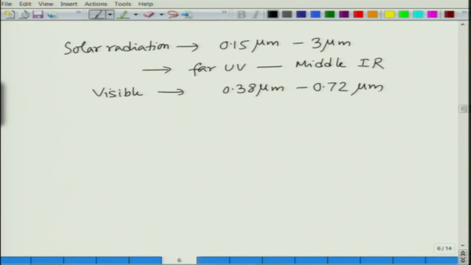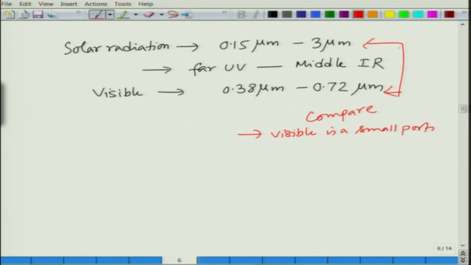If you compare these two ranges, what we get is that the visible is a small portion of what is available from the sun.